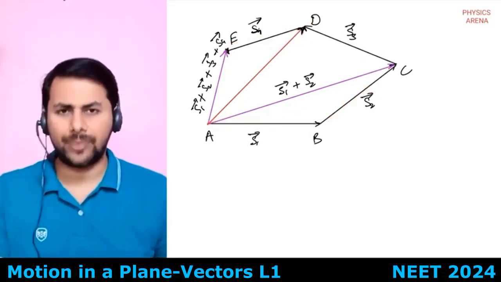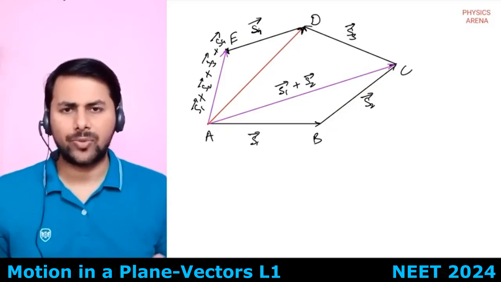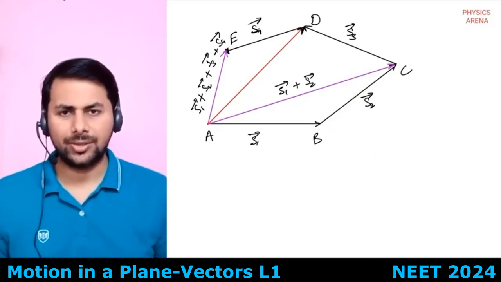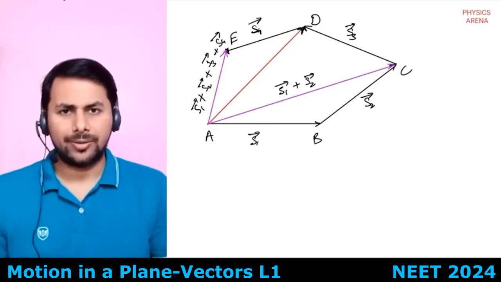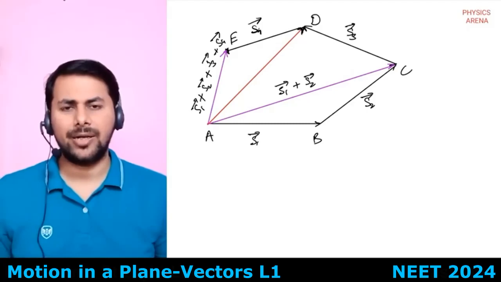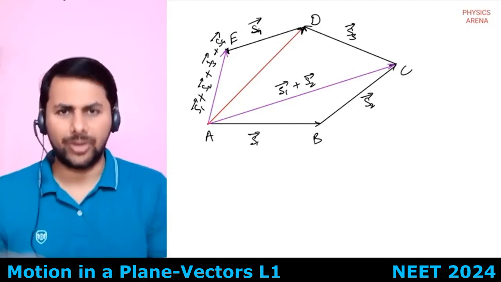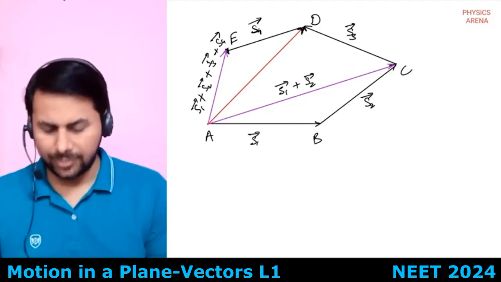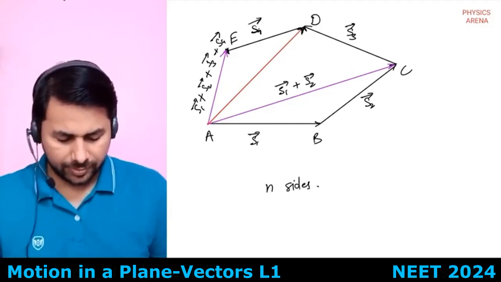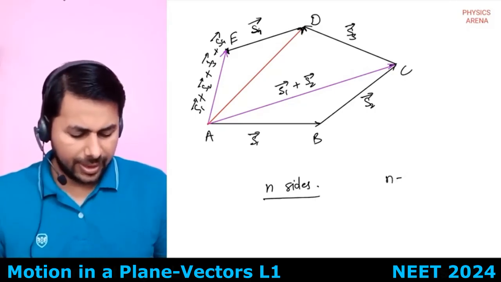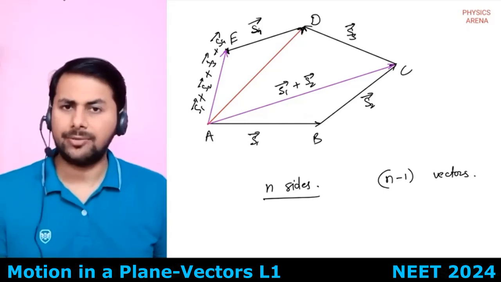If I add all of them, there is a law which is known as the Polygon Law of vectors addition, which says if you have n minus 1 vectors represented by the n minus 1 sides of an n sided polygon. There are n sides, but you are representing n minus 1 vectors by n minus 1 sides.